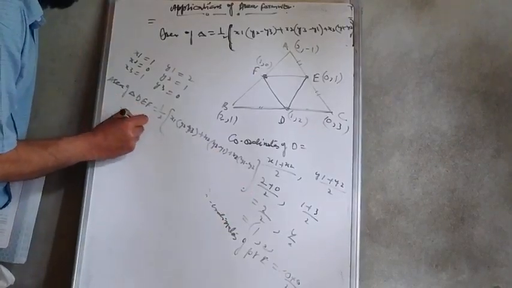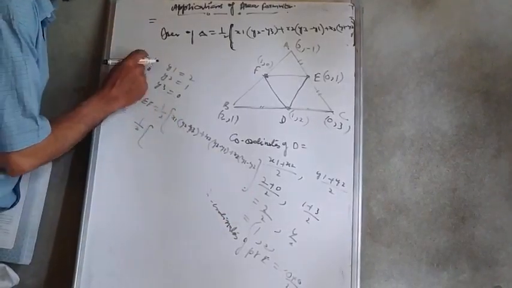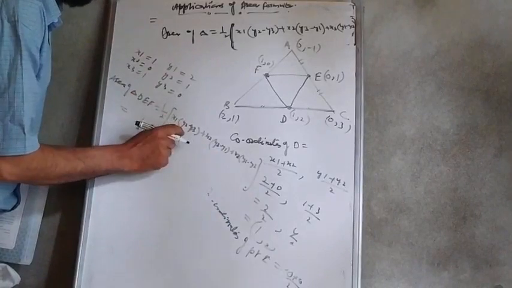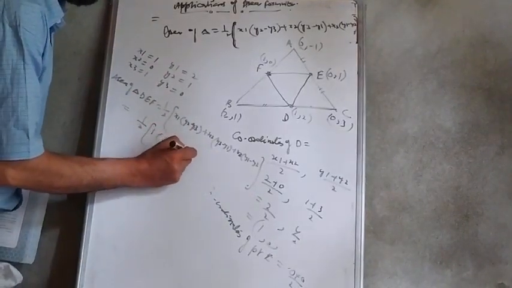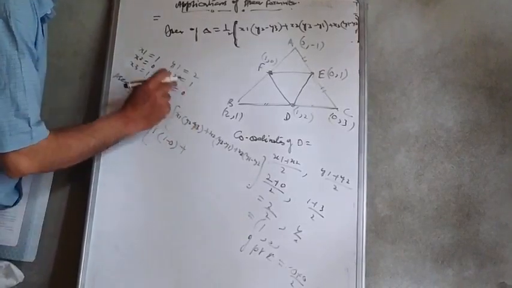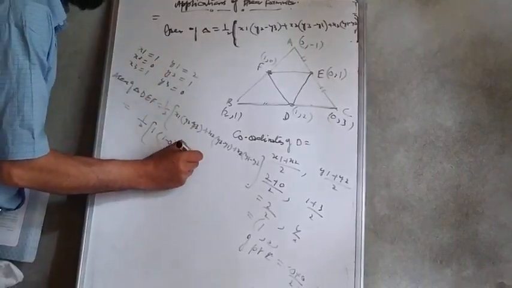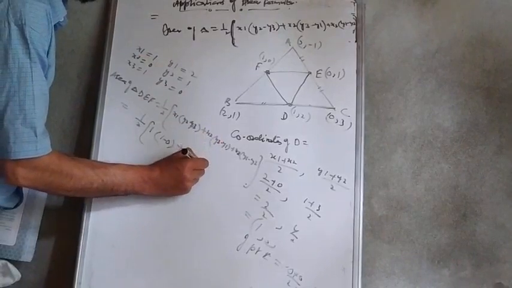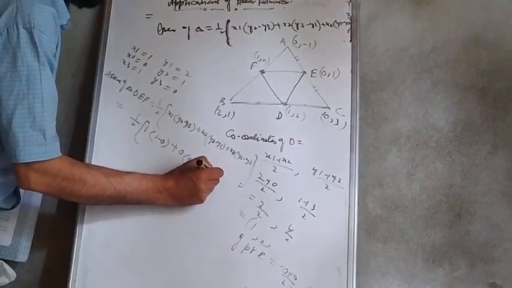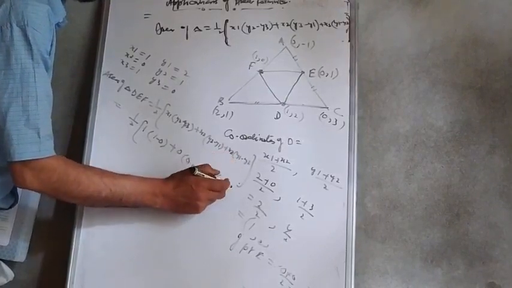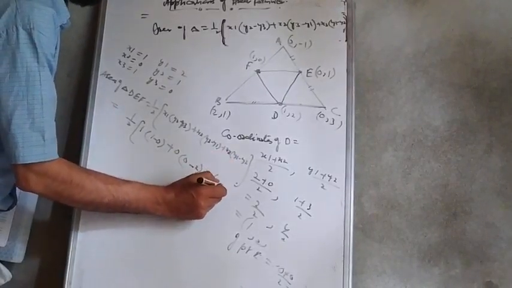So here I go, it's 1 by 2, x1, what is x1? It is 1 into y2 minus y3, it is 1 minus 0 plus x2, what is x2? It is 0 into y3 is 0 minus y1 is 2 plus x3 is 1, y1 minus y2, it is 2 minus 1.